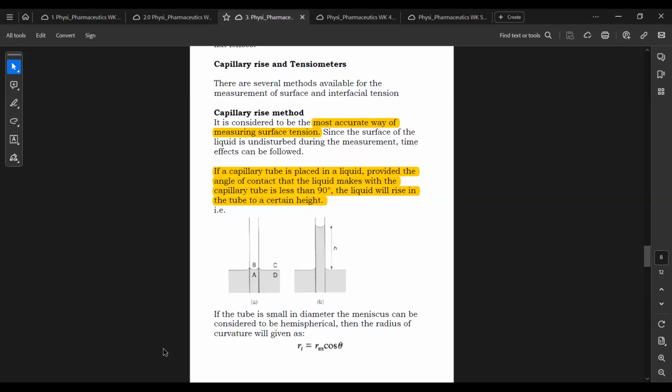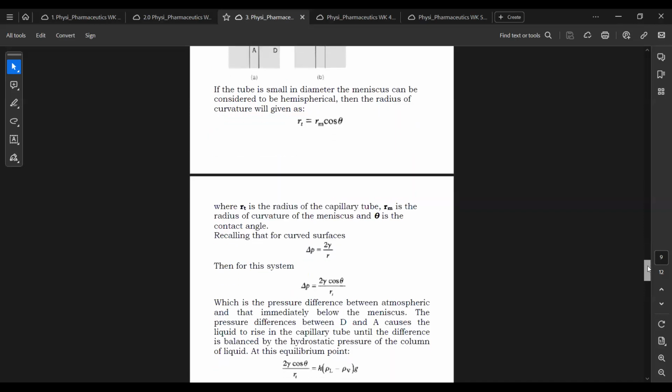I'll see if I can get a video for that capillary rise method. But basically, just know you see these capillaries, and we can calculate the surface tension once you key in those values. For the capillary rise method, you have to key in those values into these equations.